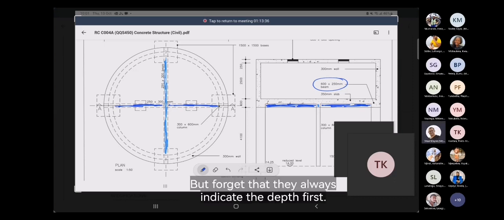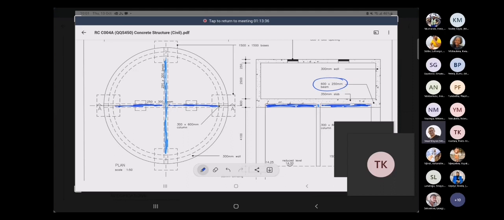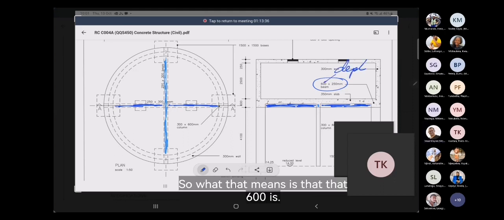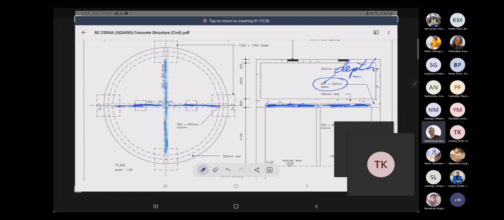So what that means is that 600 is the depth. Okay? That's correct.